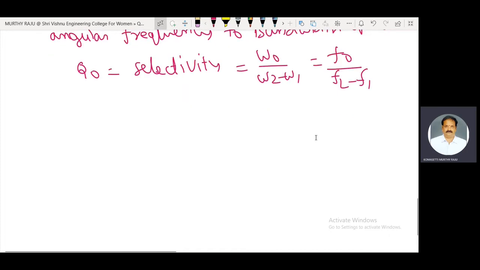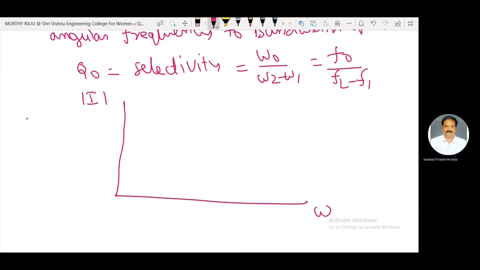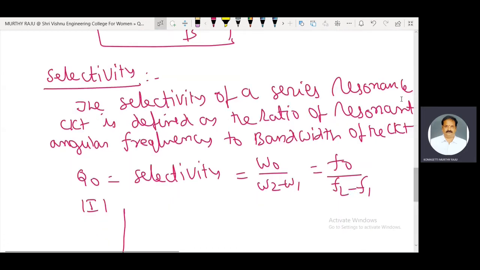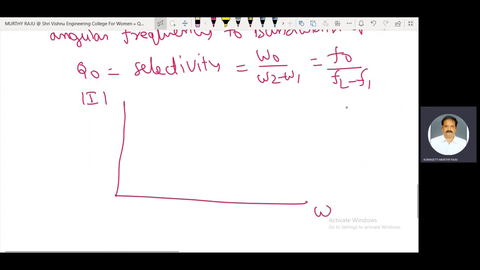This is a selectivity curve, mod I versus omega. Q naught is inversely proportional to the bandwidth of the circuit. When Q is a high value, the bandwidth is a low value.